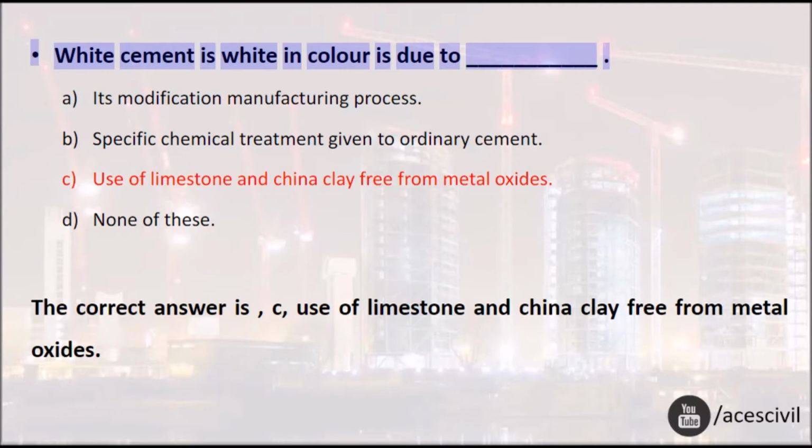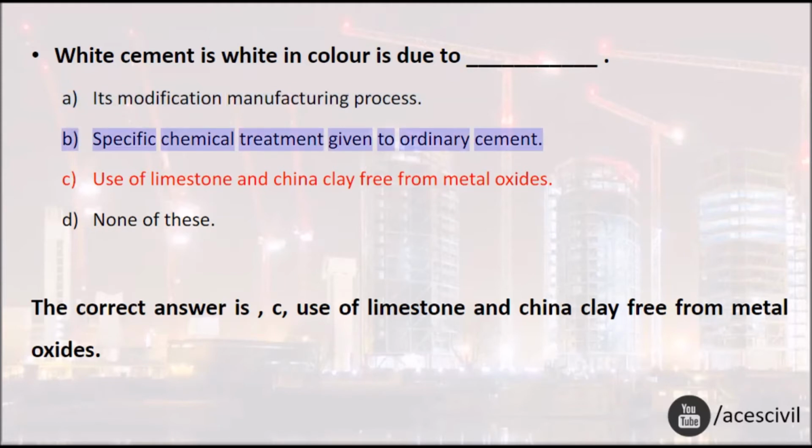White cement is white in color due to A. Its modified manufacturing process, B. Specific chemical treatment given to ordinary cement, C. Use of limestone and china clay free from metal oxides, D. None of these.